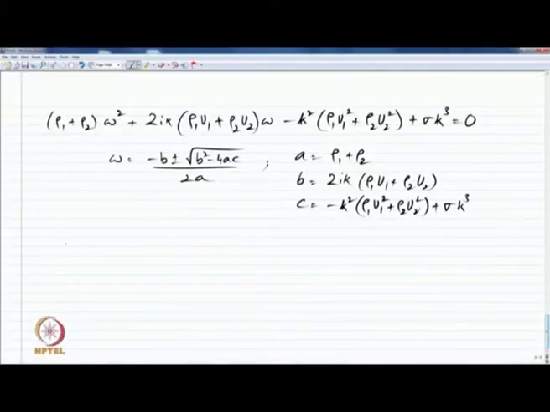I am not going to do the algebra here, we will just write down the solution. You can check this at your convenience.